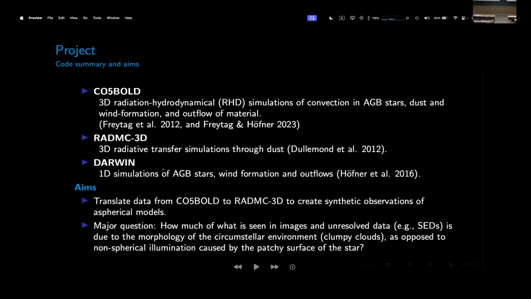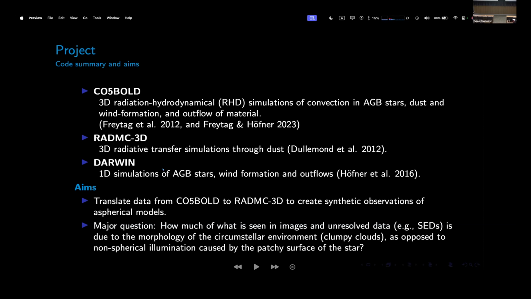The model I will showcase here uses a 30 by 30 by 30 astronomical unit box, and I'm using the code Radmc-3D to simulate our synthetic observables.